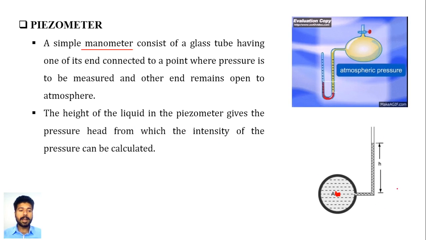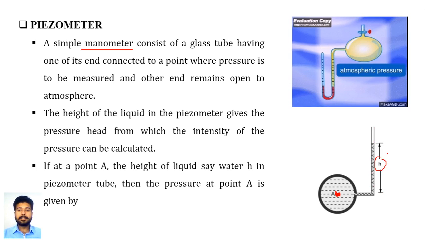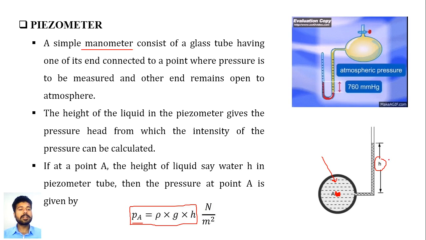You can see over here the height of a liquid, which is H, in this piezometer, that gives us the pressure intensity. And this pressure intensity, which is the value at point A, equals PA, that equals rho g h, and this one is your pressure at point A. In this equation, rho is the density of the fluid which flows through this pipeline, g is our gravitational acceleration, and h is the rise of the liquid in your piezometric tube.